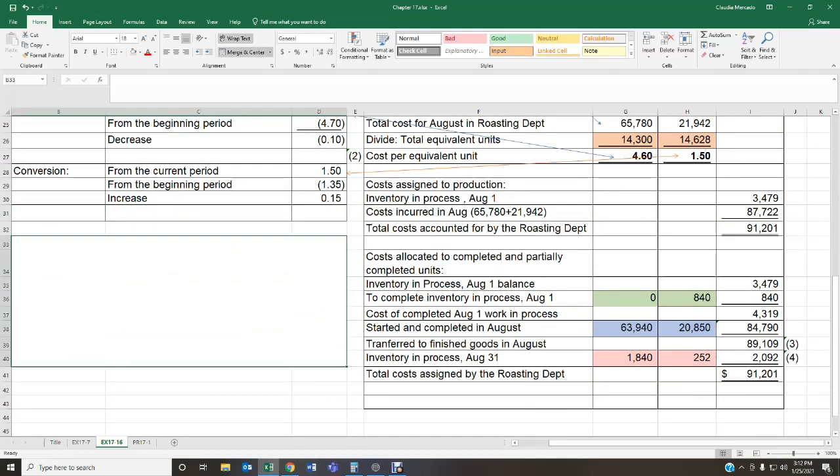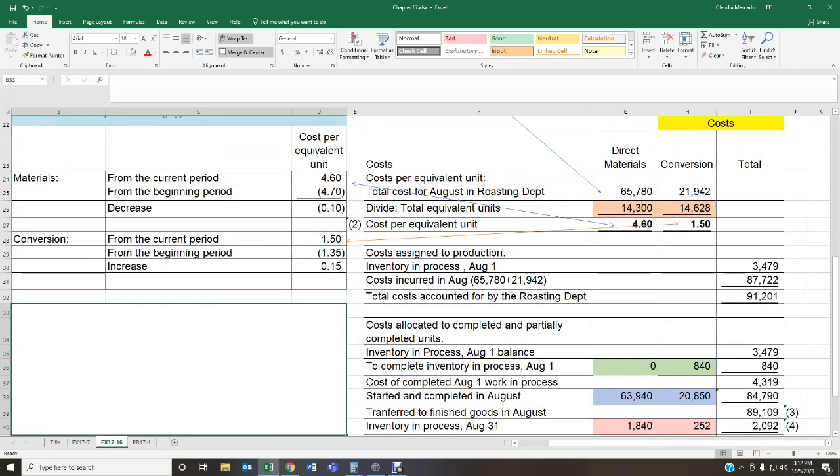Based on the information that we just calculated right here, what can we say?